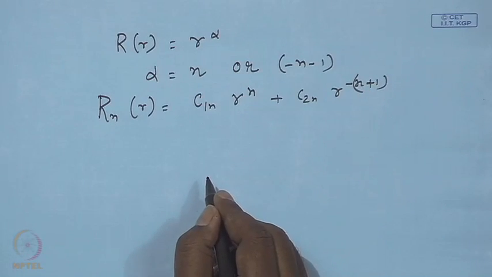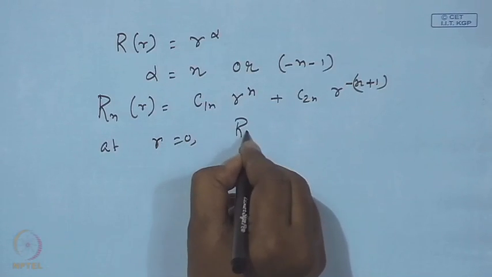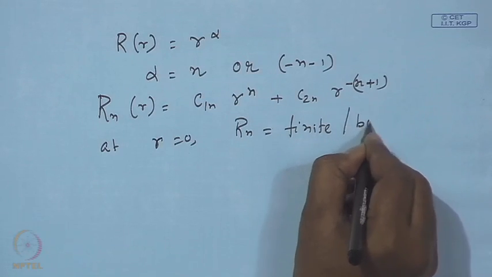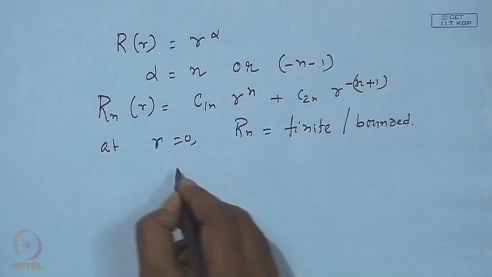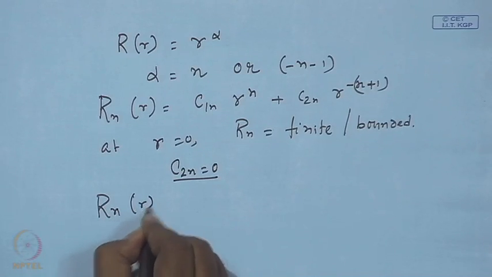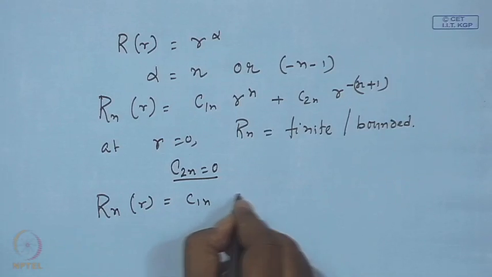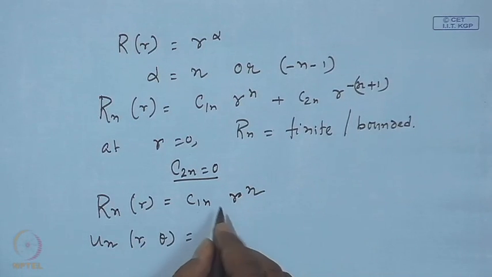Now, we have the boundary condition that at r is equal to 0, this R n was finite or bounded. In order to satisfy this boundary condition, the associated constant has to be equal to 0. Therefore, R n of r is nothing but C 1 n r to the power n. So, u n of r theta becomes a combination of C 1 n and T of theta.